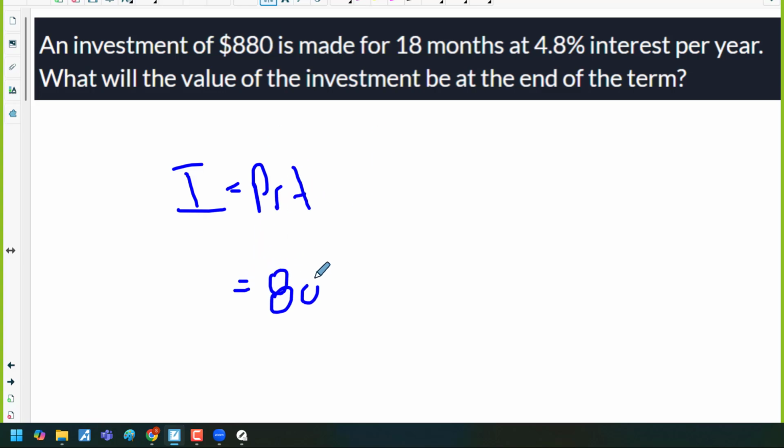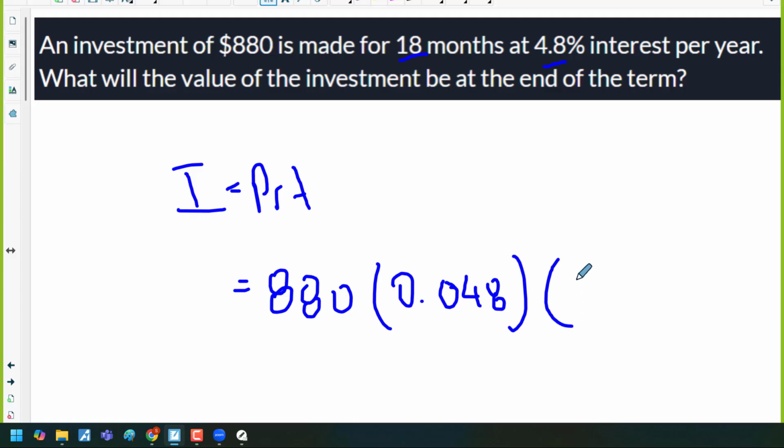Principal is 880. That's the initial amount. R, the rate, is 4.8%, so that's going to be 0.048. Very important to understand how to go from a percent to a decimal: just divide by 100. And we know that this is 18 months, but we don't write 18 here. This is important. Students always make this mistake. There are 12 months in a year, so divide by 12 and get 1.5.